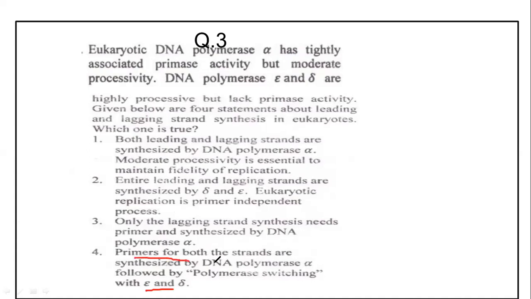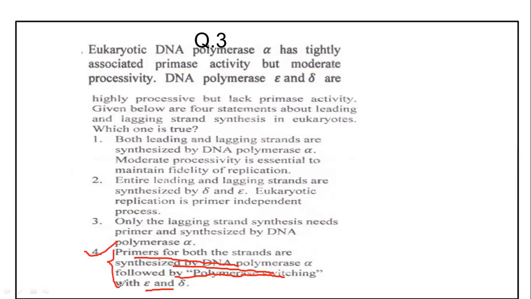Primers for both strands are synthesized by DNA polymerase alpha, followed by polymerase switching. Pol alpha is a low processive enzyme and also lacks proofreading activity. Delta and epsilon are highly processive enzymes and have proofreading activity. So that's why your answer will be option 4.